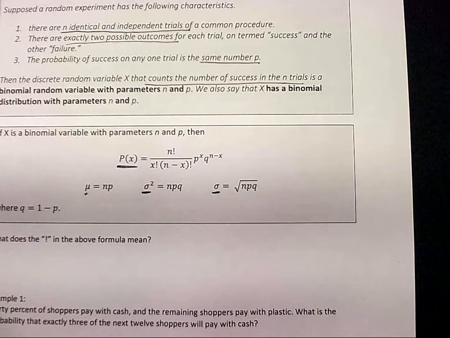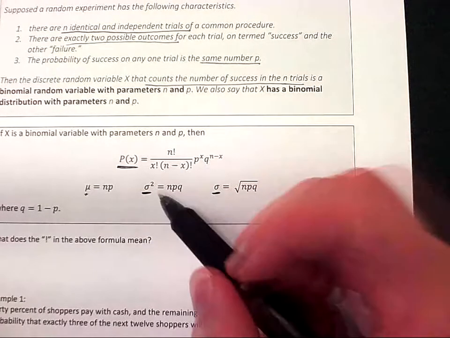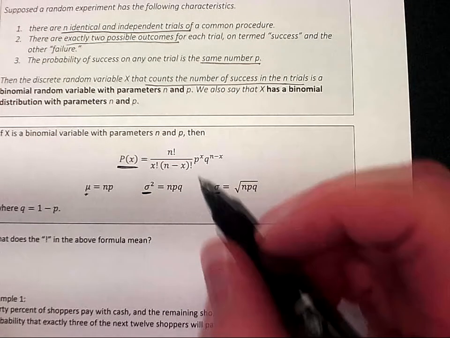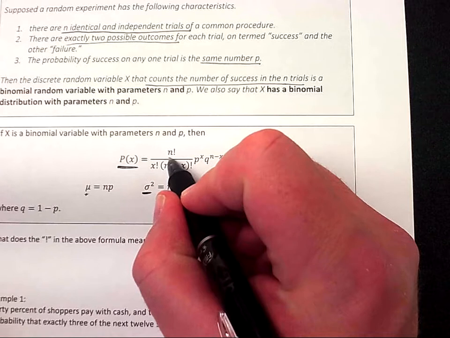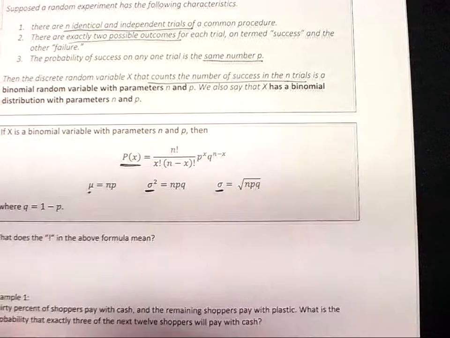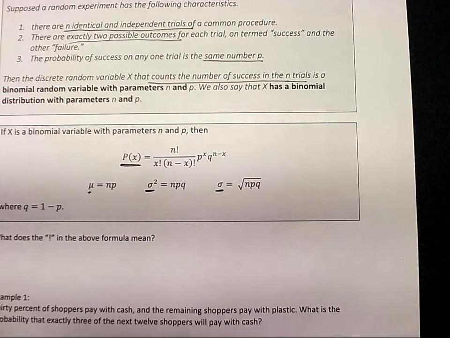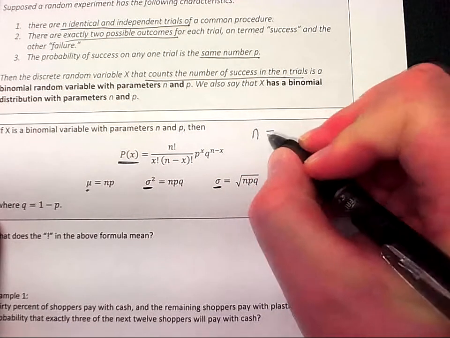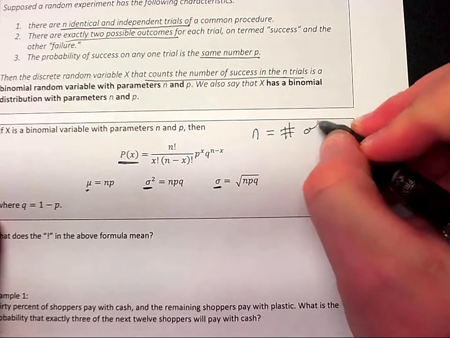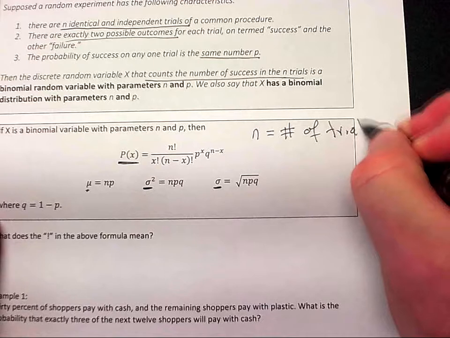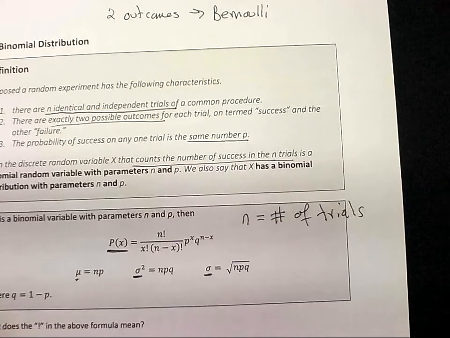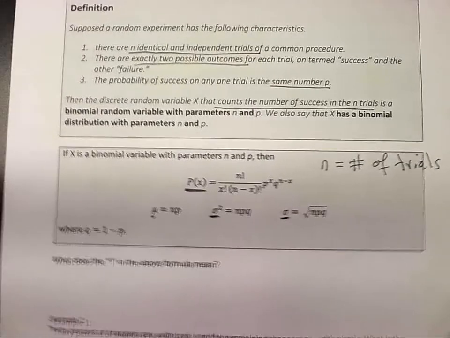All right. So let's take a look at what these different things mean. In our definition up above, what does little n stand for? The number of times that we're flipping the coin, right? So the number of times that we have the trials. So little n is going to be the number of trials. Slightly different than what we said little n was before.